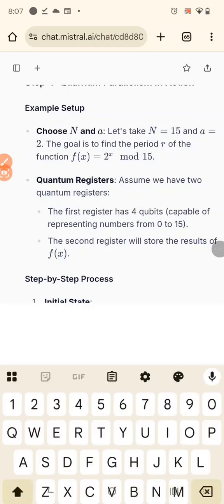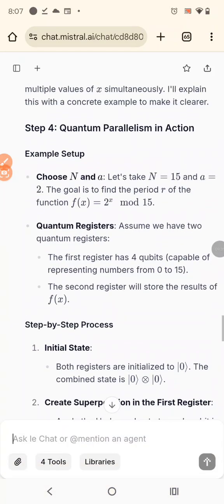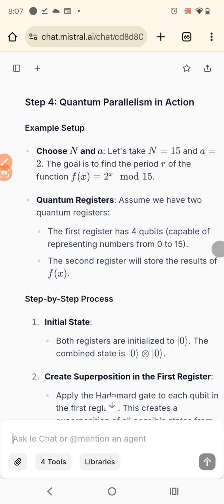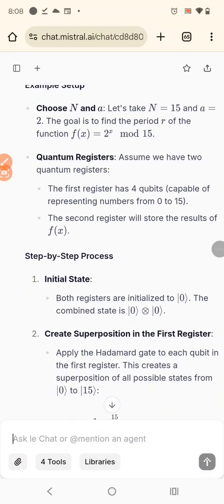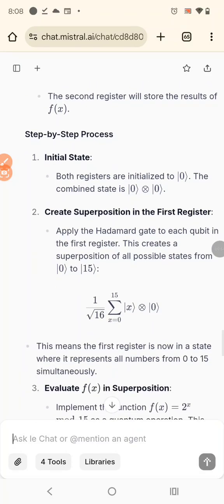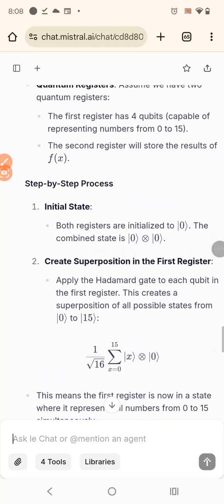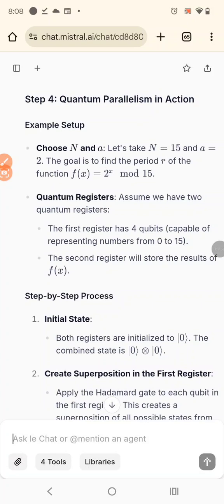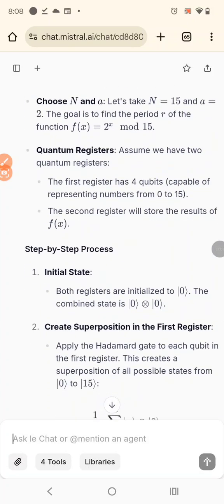So assume we have 2 quantum registers. We have now 4 qubits, so we can have all 0 to 15 represented simultaneously in a superposition. And the other quantum register will store the results of f(x). So initial state, both register 1 and 2, let's say both are in 0.